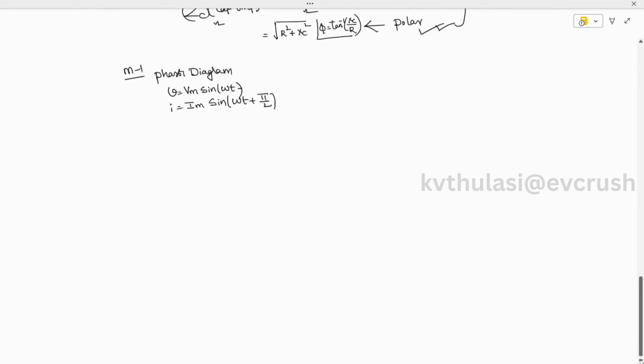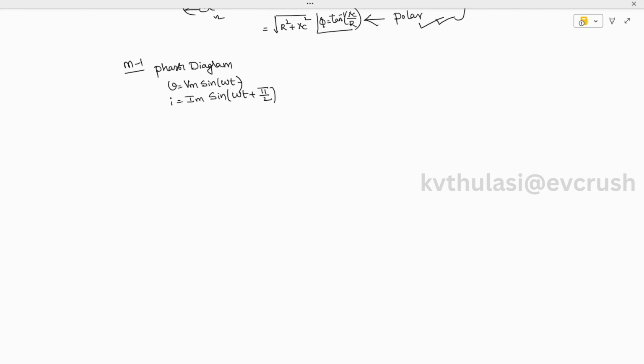So now let's try to draw the diagram. The x-axis is theta equal to omega t. Let's draw v of t initially. When you draw v of t, it starts at 0, goes to Vm and comes back to 0, and once again it maintains its magnitude here.